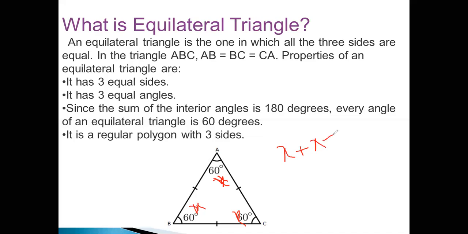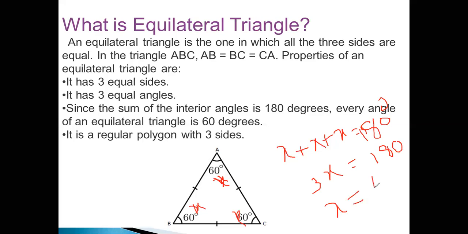So x plus x plus x is equal to 180 degrees. x plus x plus x means 3x, so 3x is equal to 180 degrees.